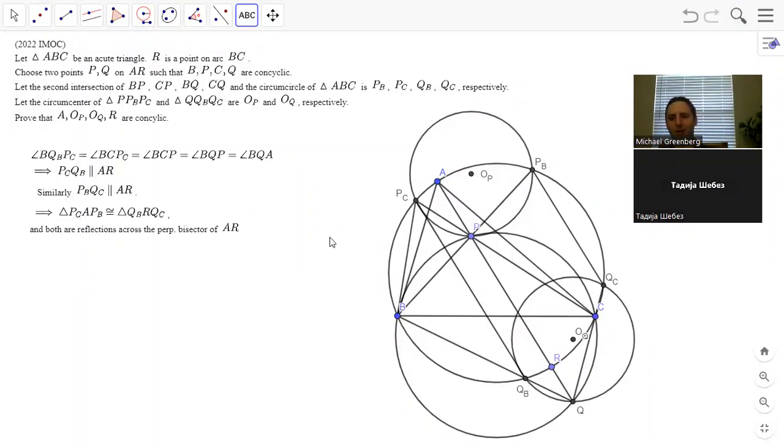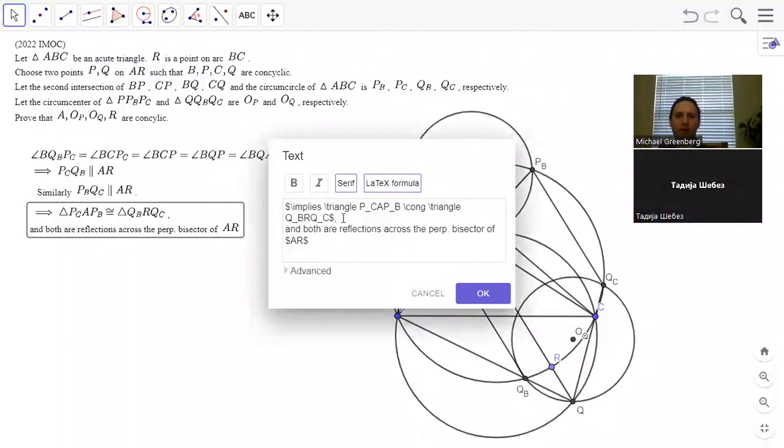But here's where that 180 minus comes in. So yeah, I do need that extra step. I thought it was just trivial right away. My bad.